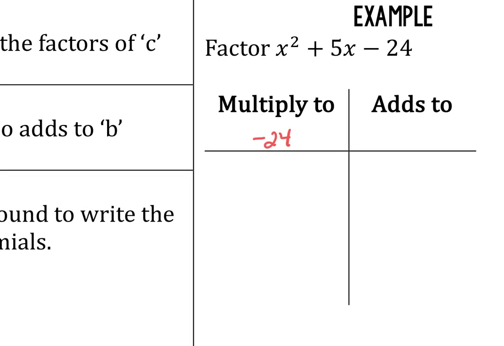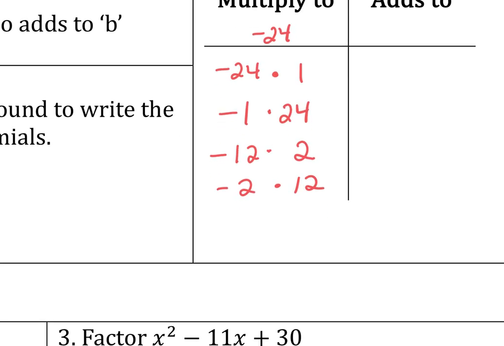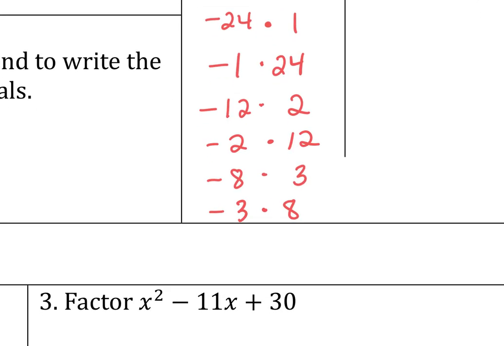So if you're listing the factors of negative 24, that could be negative 24 and 1, or negative 1 times 24, or negative 12 and 2, negative 2 and 12, negative 8 and 3, or negative 3 and 8, negative 6 and 4, or the other way around, negative 4 and 6.